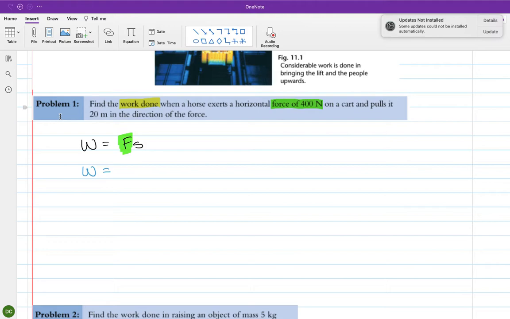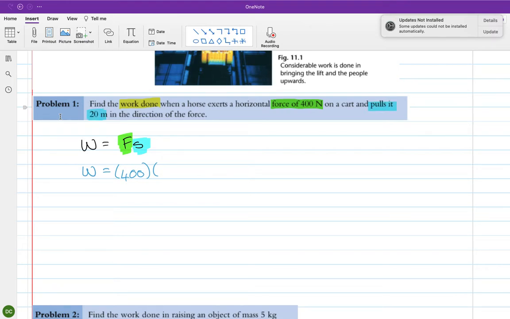Newtons is the correct SI unit for force, so that one's fine. So we say 400, and then S. S is displacement, and it says here that the cart pulls it 20 meters.